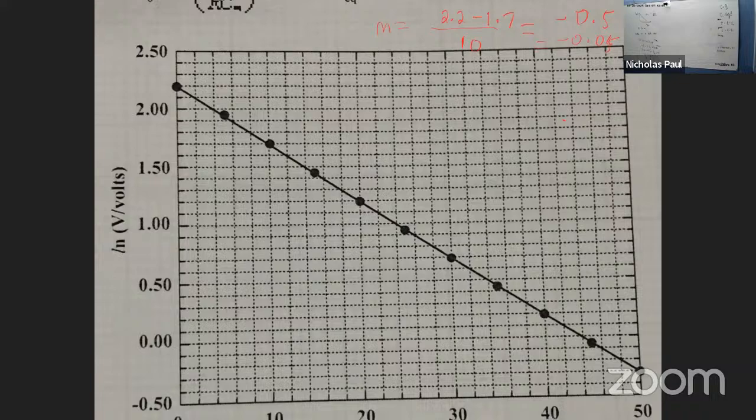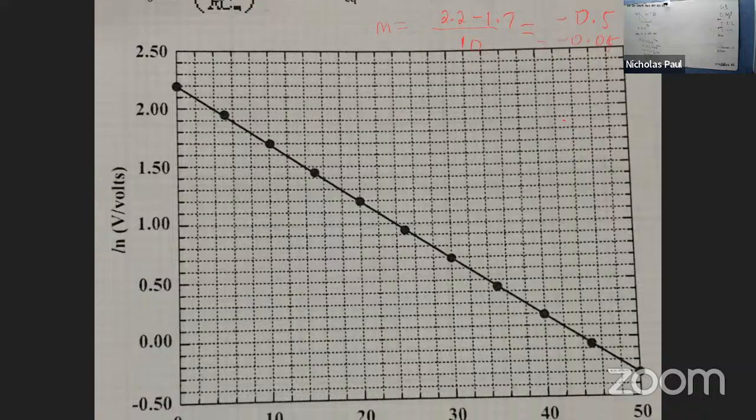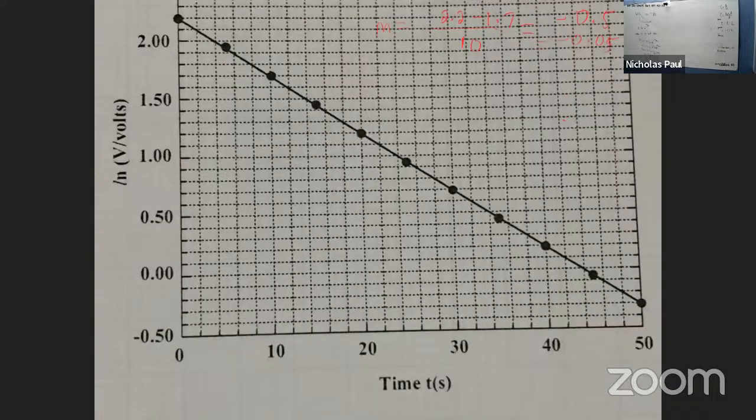One over RC equal to 0.05. Tabisha gets 0.05. The RAM group got 0.05 underneath.